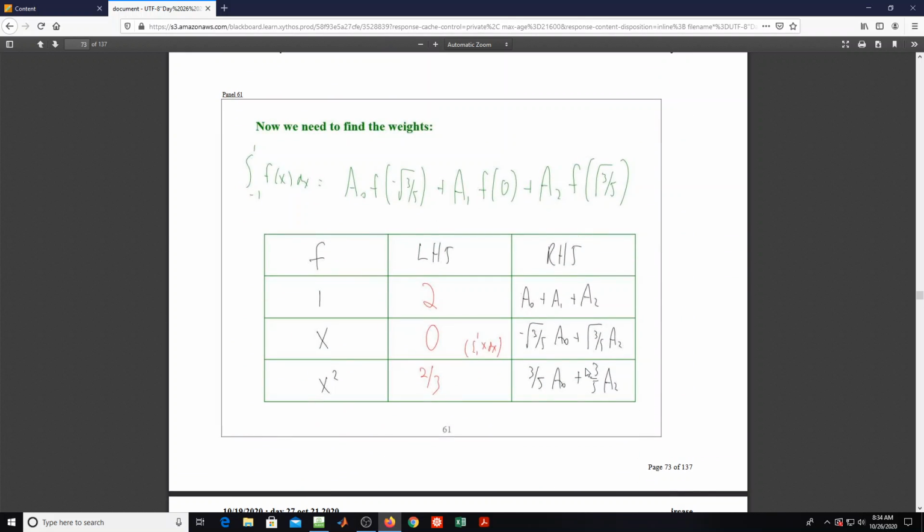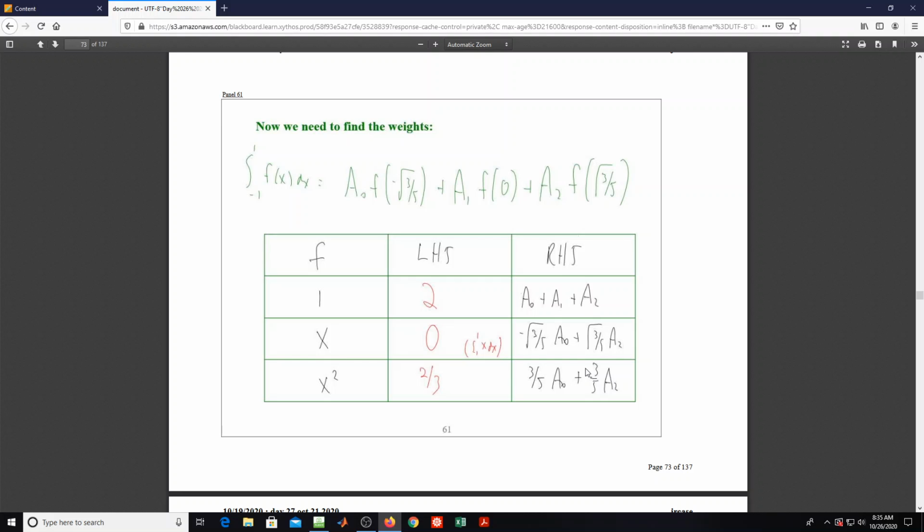So now let's find the weights. I have to have this be exact. Okay? So if I integrate from -1 to 1 of 1, what's my integral going to be? Again, a nice uniform distribution.